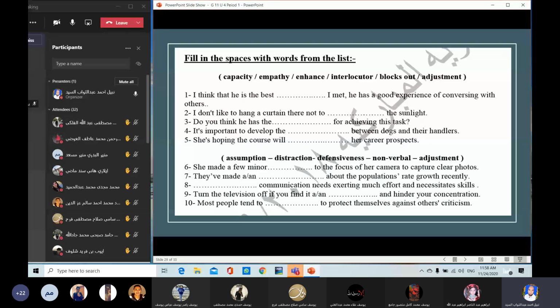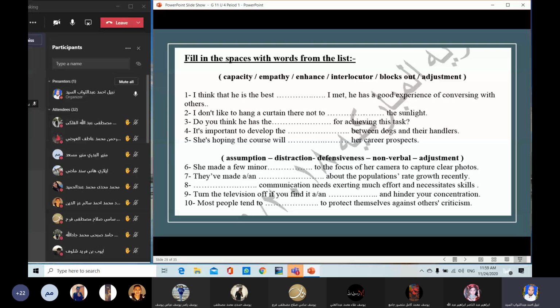Ibrahim Mukhtar: Most people tend to protect themselves against others' criticism. So most people tend to what? They want to protect themselves from other people's criticism.